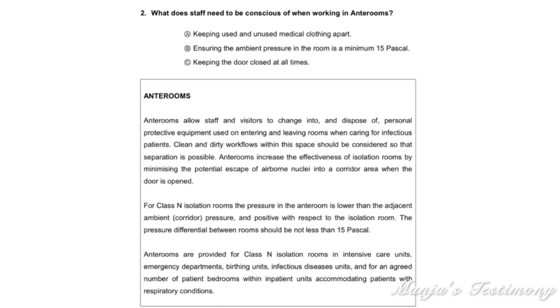Let's read the text for doors, keeping doors closed all the time. We did not read the third paragraph yet. Anterooms are provided for class N isolation rooms in the intensive care unit.